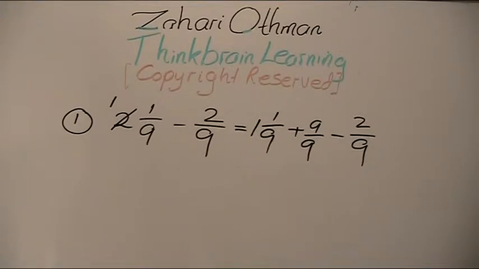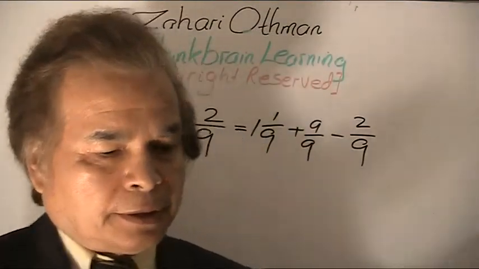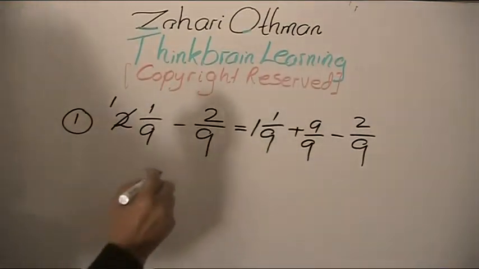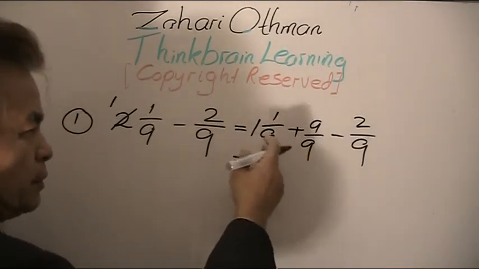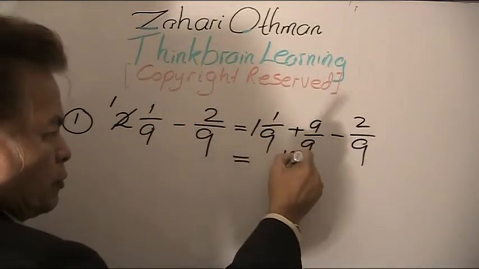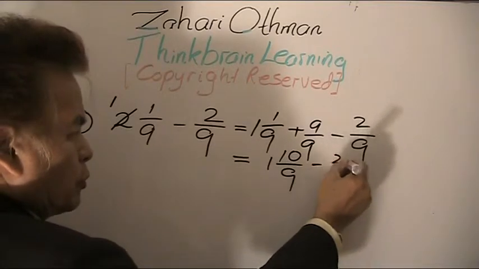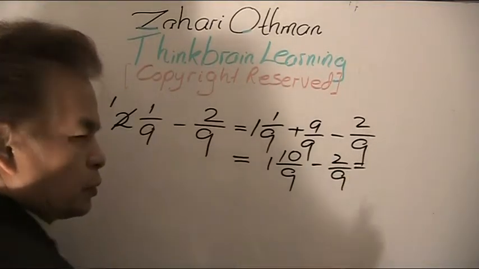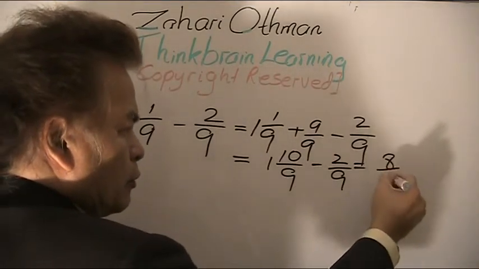Now we have this question solved. We'll be solving this problem by taking 1 plus 9 equal to 10 over 9, and here is 1 minus 2 over 9, and that equals 10 minus 2 equals 8 over 9.